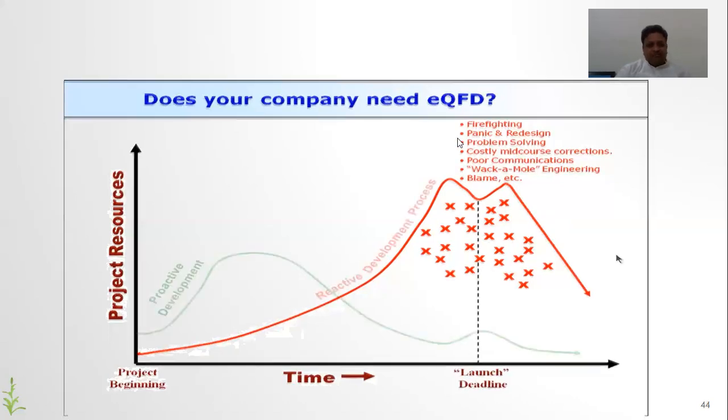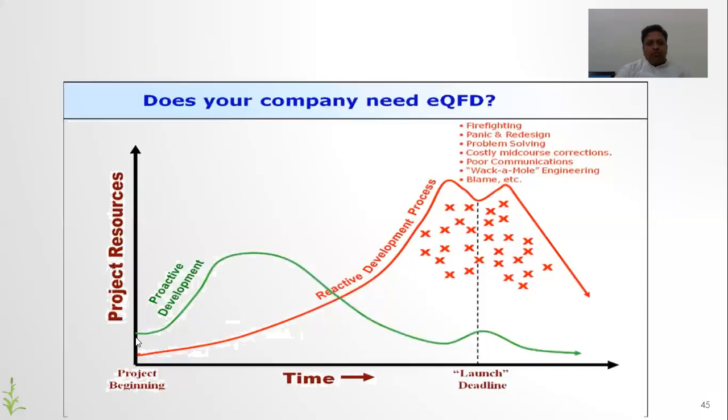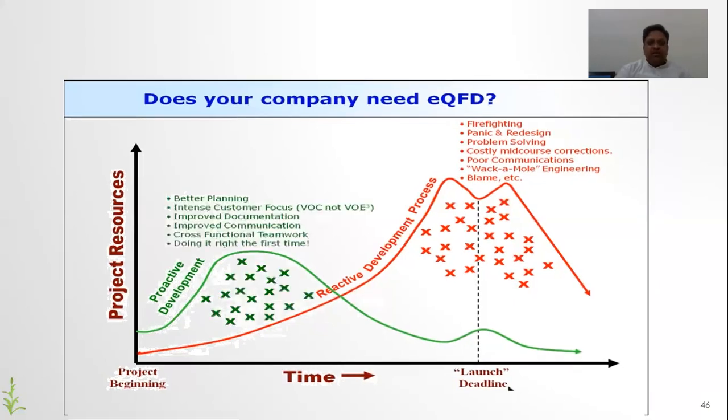At the same time, if you proactively develop that activity much before the deadline, then whatever the launch date deadline is, it becomes very soft. So here, those are the activities. Better planning, intense customer focus, voice of the customer.